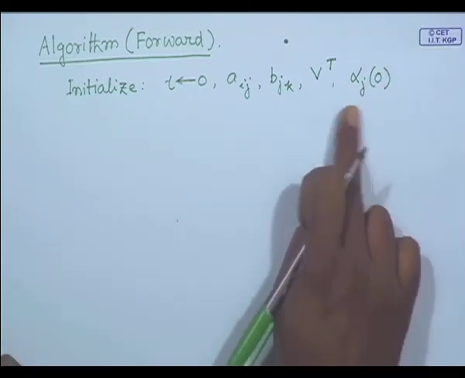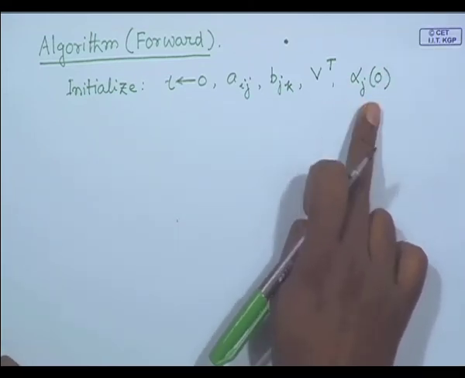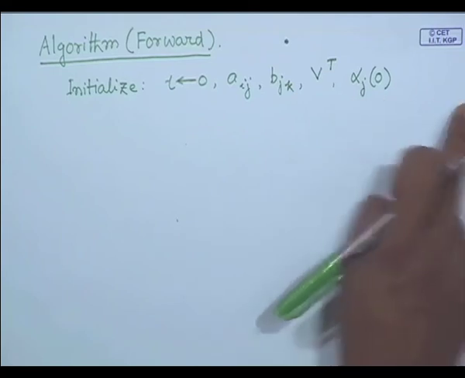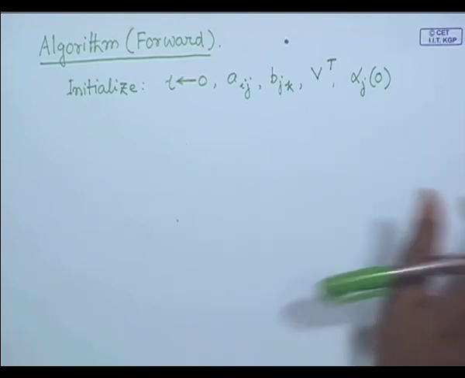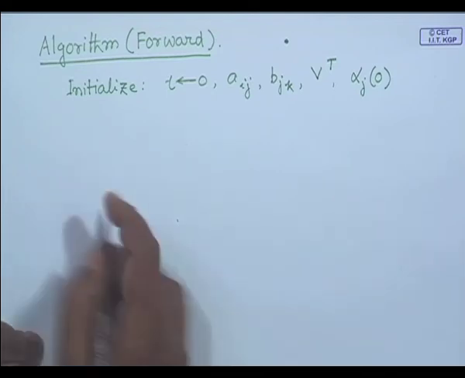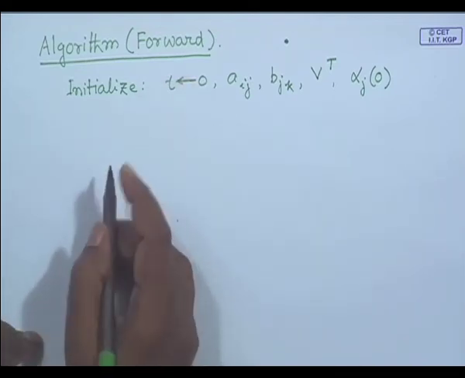If initially I assume that the machine is in state omega 1, alpha 1 0 will be equal to 1, alpha 2 0 will be equal to 0, alpha 3 0 will be equal to 0, and so on. And then I go for recursion.